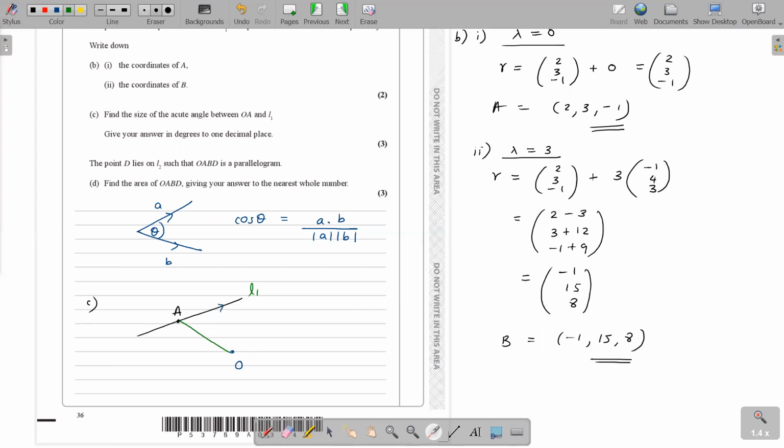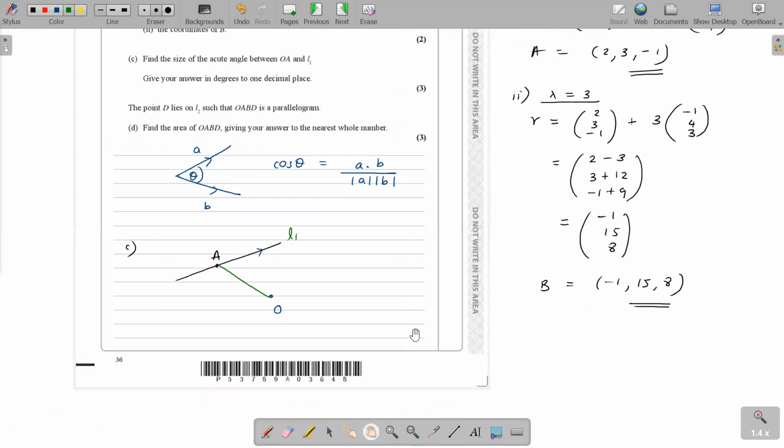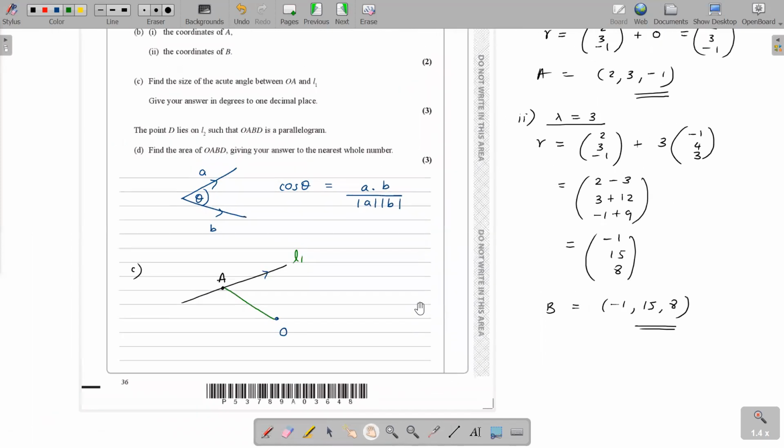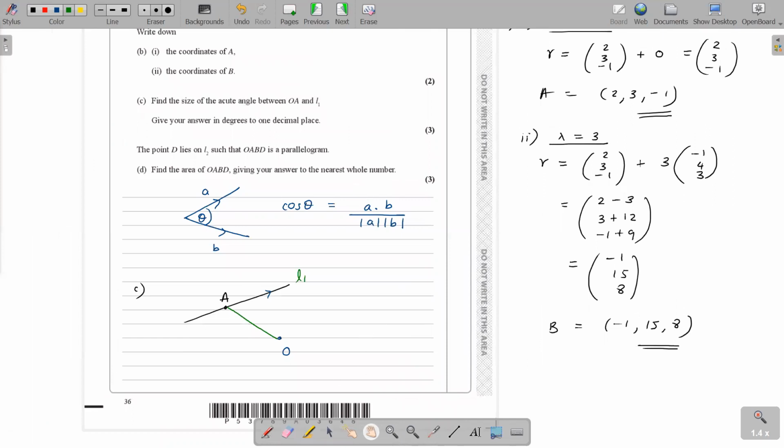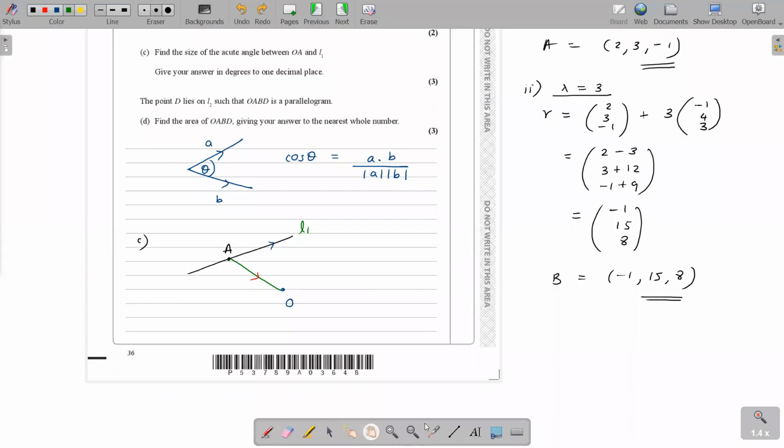How do we get the angle between OA and line 1? Here you can consider the two vectors as we took A and B, the two vectors that are adjacent to this angle theta.